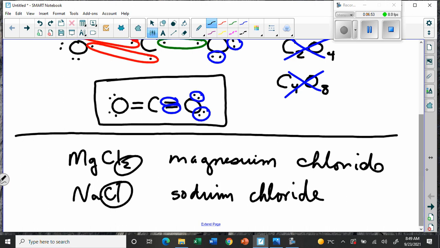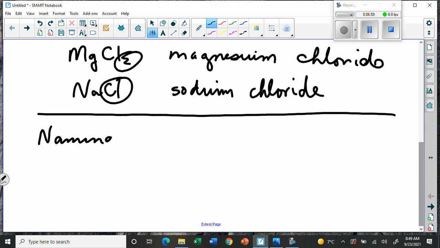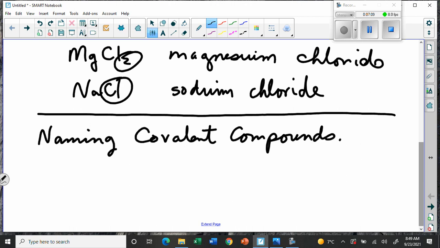So here's what we do. In order to name, let's put a little title here, naming covalent compounds. What we do now is we introduce a whole new system. We want to show what the numbers are now. It becomes important for us to determine how many of each thing is in the molecule, because it can be different, right?